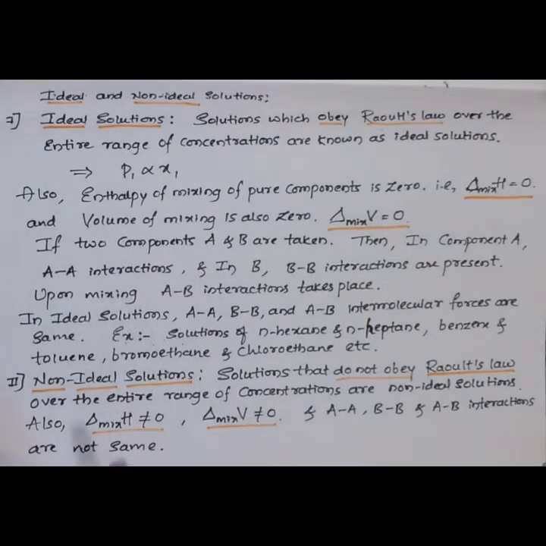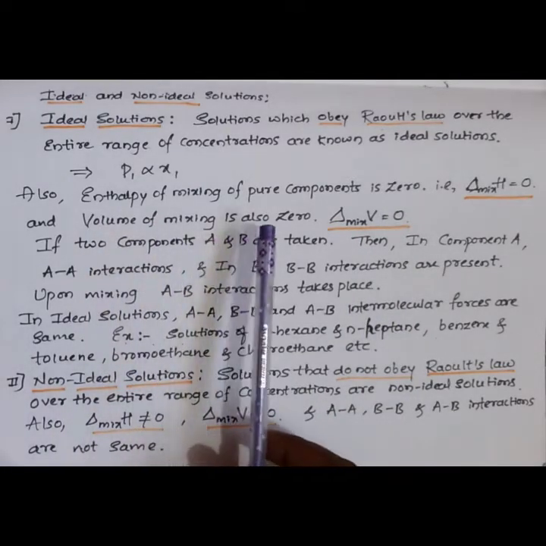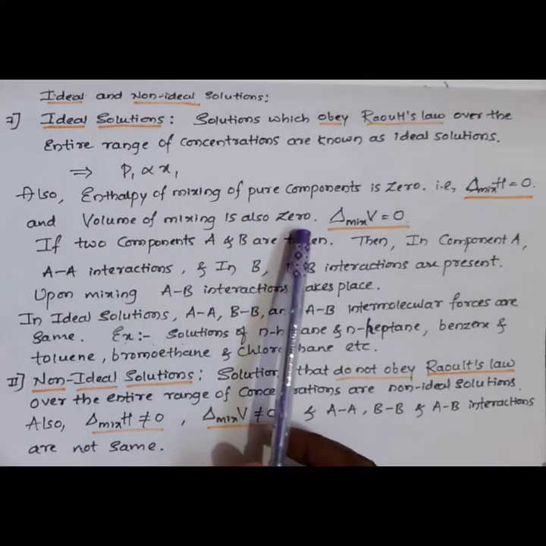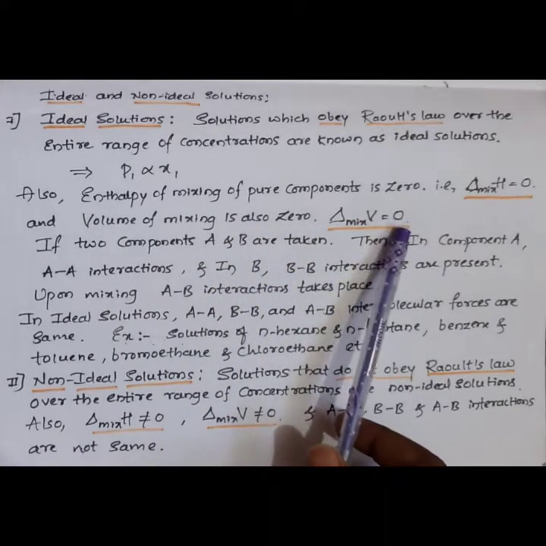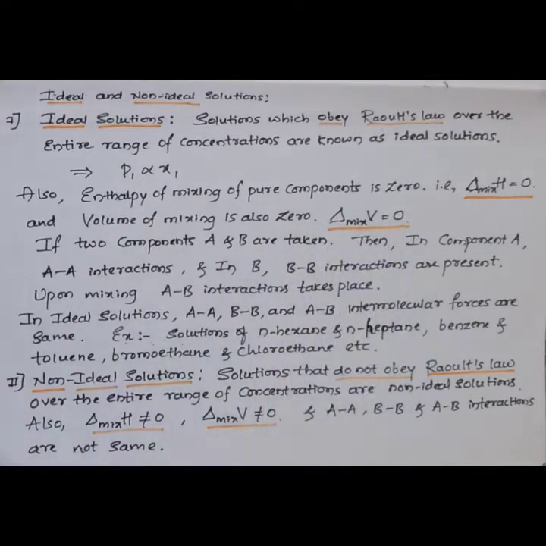Another property is that the volume of mixing is also 0, that is, delta V mixing is equal to 0. Means if we mix two or more components, there will be no change in volume.